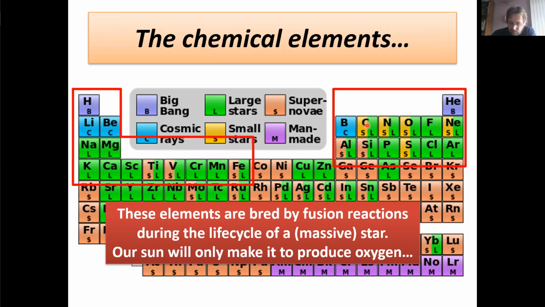Then stars like our sun might burn carbon, maybe up to oxygen, if at all neon, but for everything else you need larger stars. And then we can burn all this stuff all the way up to iron in a star.